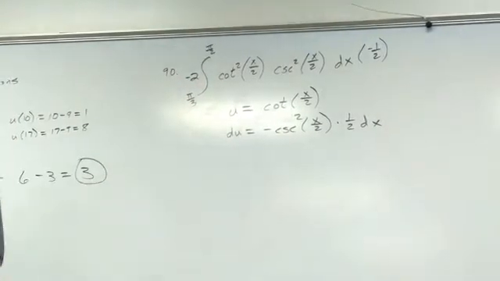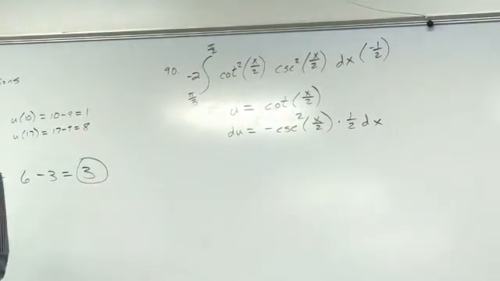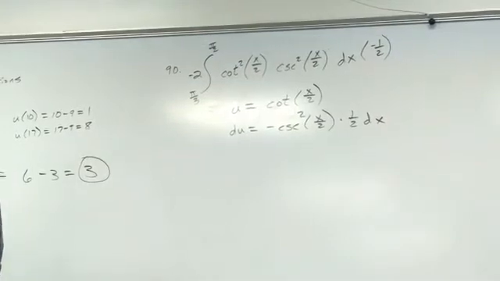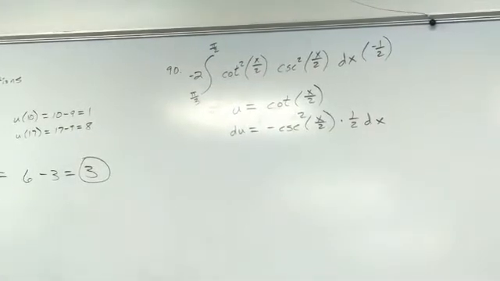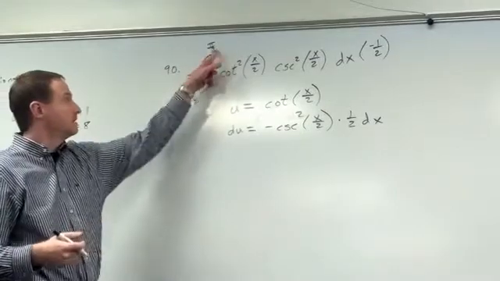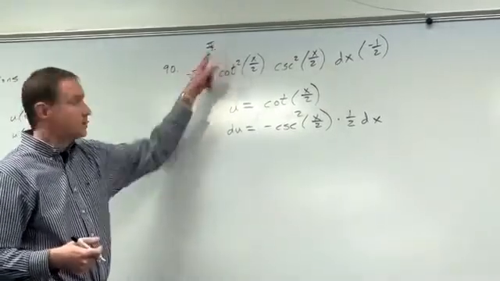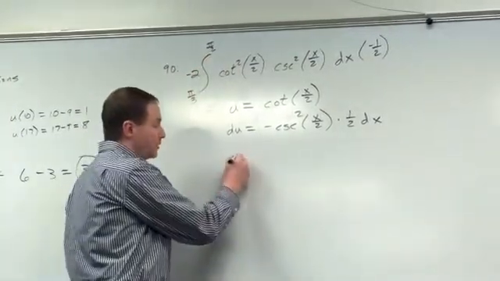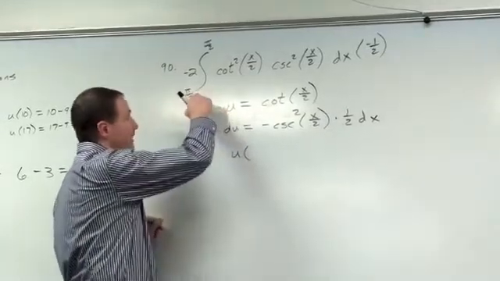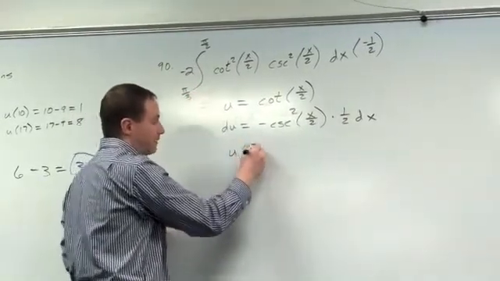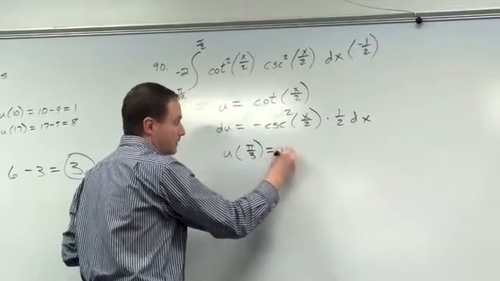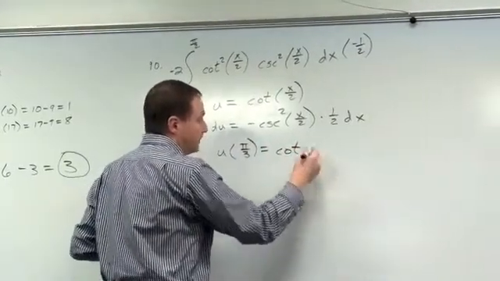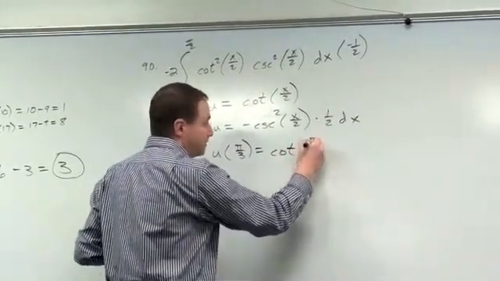Okay, so now the problem is just as it was. In this same step, though, I'm wanting to do a U-substitution. In order to do that, I also need to change my limits of integration. So I'll say, well, what would U be if I evaluated it when x is pi over 3? Cotangent of pi over 3 divided by 2.